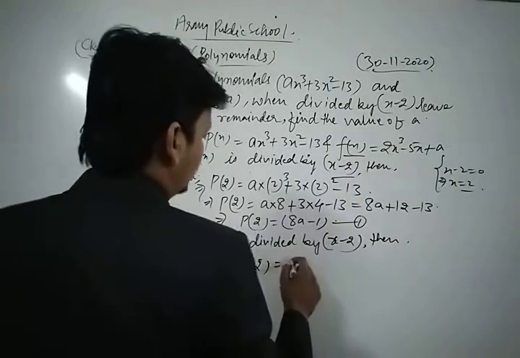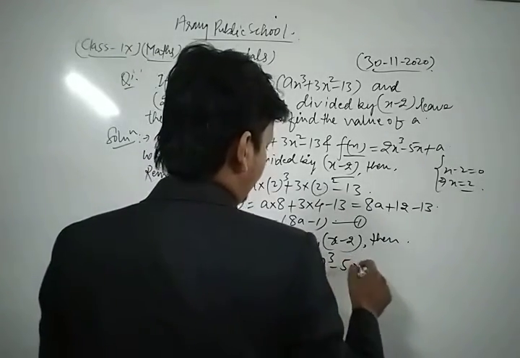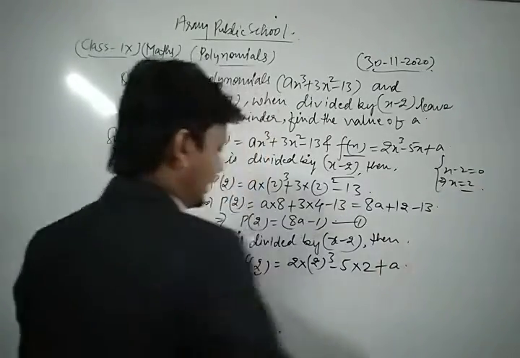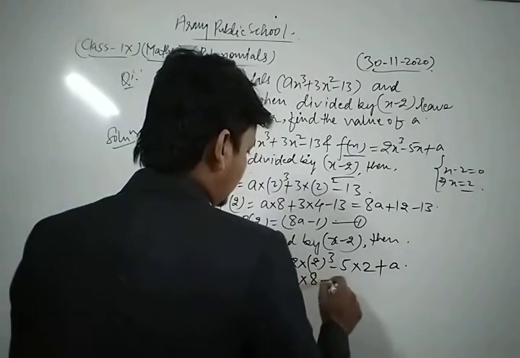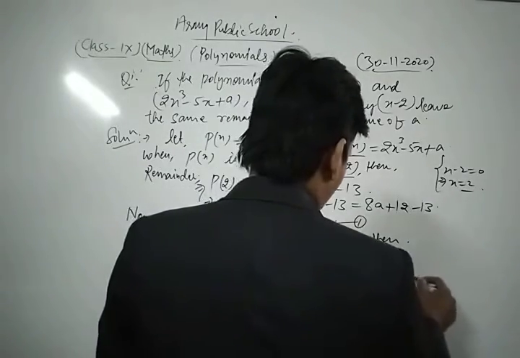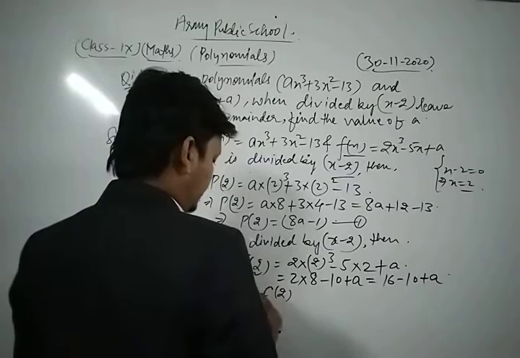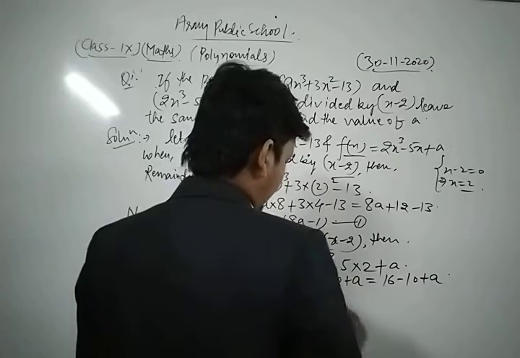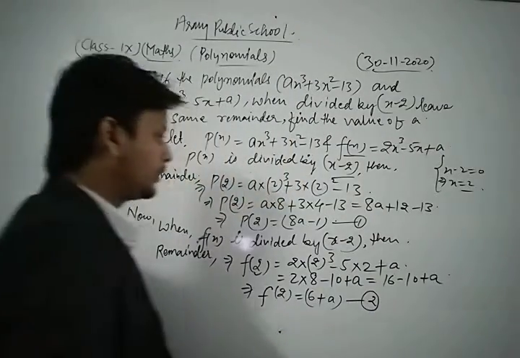So we get 2 into 2 cube minus 5 into 2 plus a. Now we simplify them: 2 into 8 is 16, minus 10, plus a. So we get f(2), the remainder in the second case, as 16 minus 10, that is 6 plus a. Take this as equation number 2.